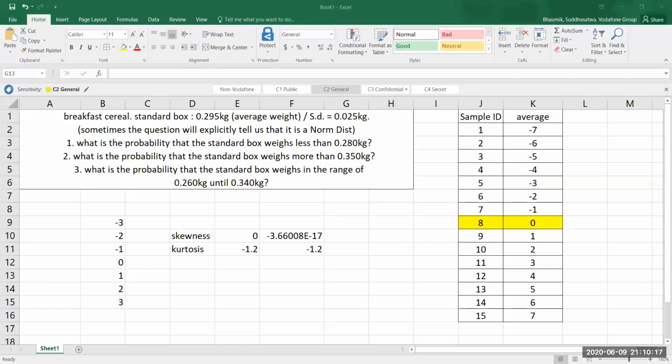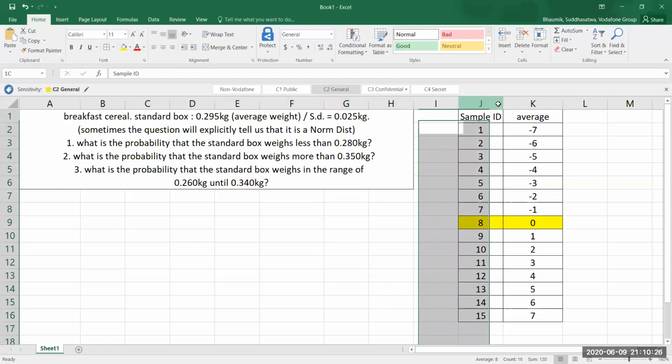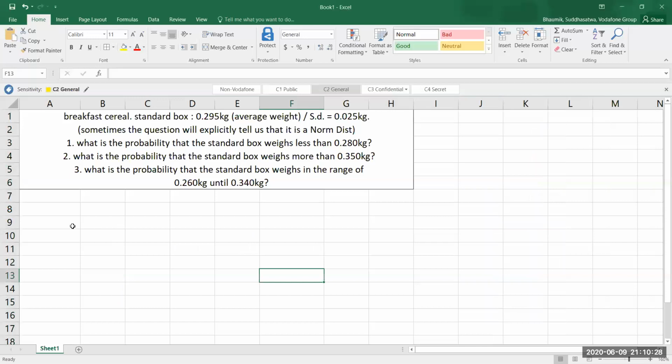Because we have some time left, let's try to solve at least one problem. Let me get rid of this. Let me also get rid of this. And let's try to solve problem number 1. So, answer to 1. I want to calculate the z value. In this case, what is going to be the z value?